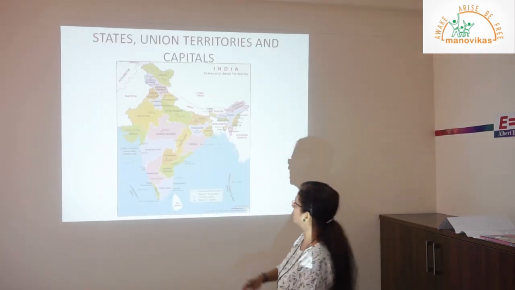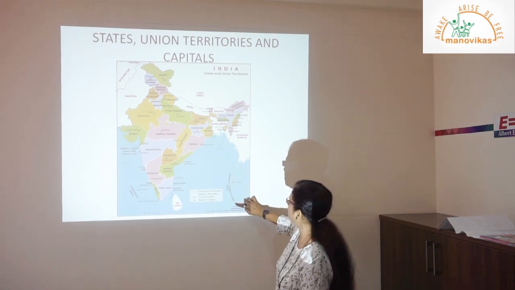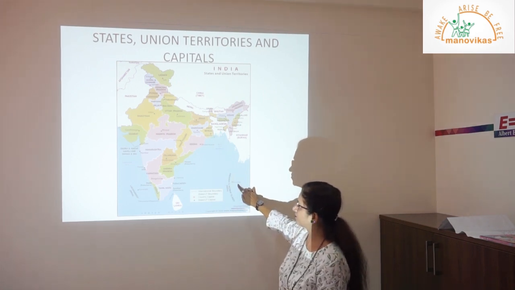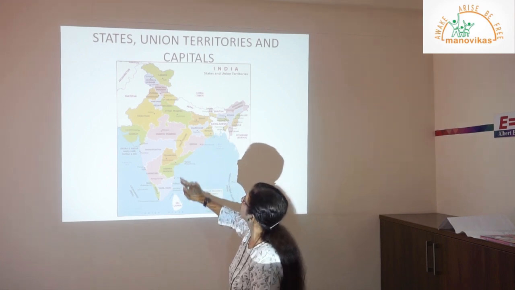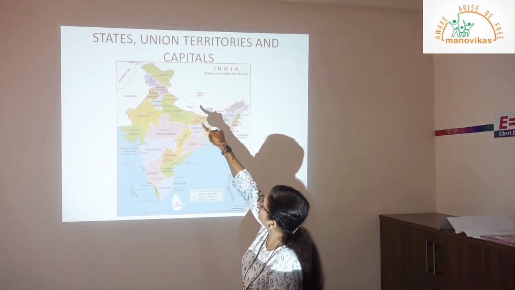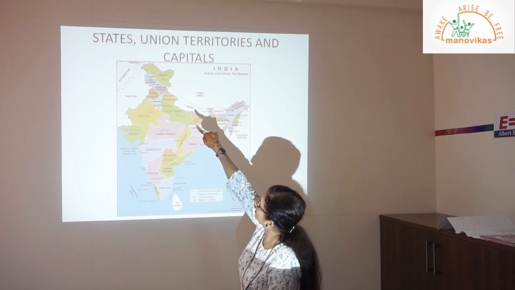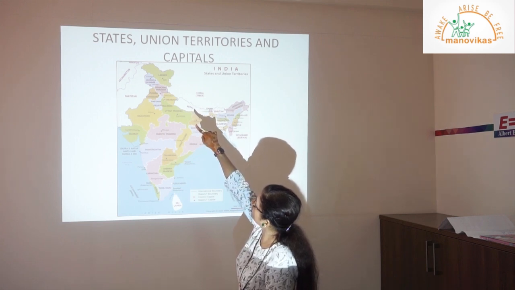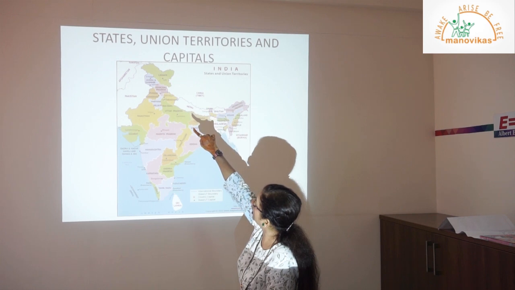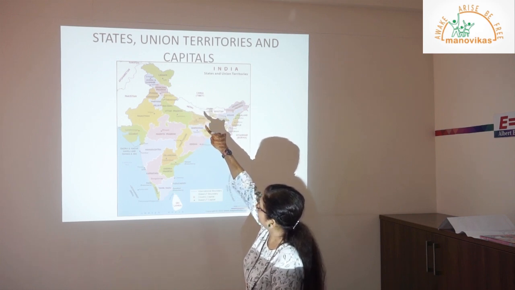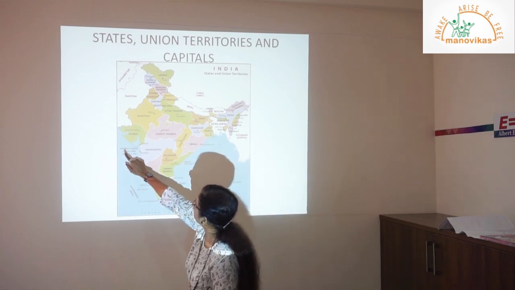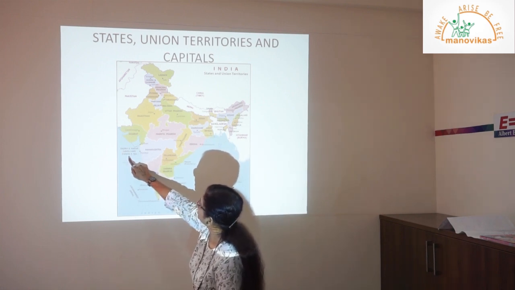Now all this I will show you on the map. We start from here, Andaman and Nicobar Islands, Port Blair, Puducherry, the capital is Puducherry. Can you see Jammu? So the capital is Srinagar and Jammu. Ladakh, the capital is Leh. Can you see the Dadra and Nagar Haveli?